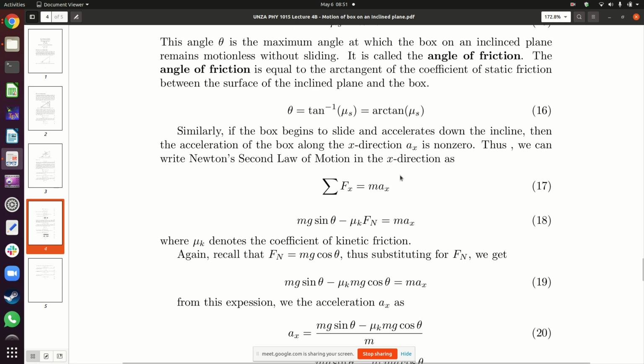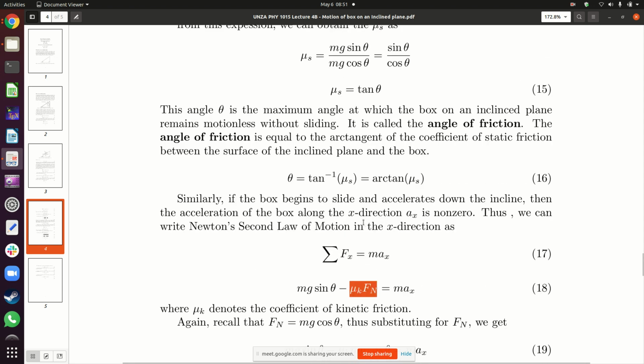Okay, so in this case, we know the mass of the box. We are trying to find the acceleration. We know the resultant force along the x direction is always mg sin theta, which is the x component of the weight, minus the friction force.